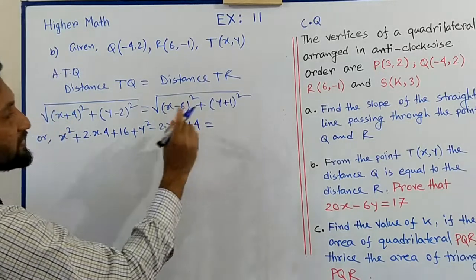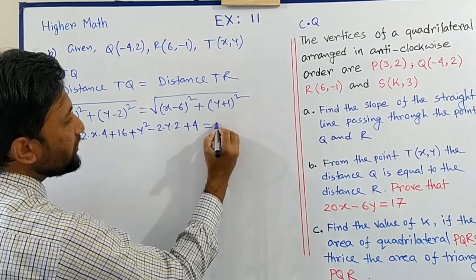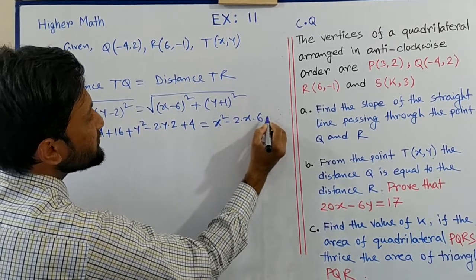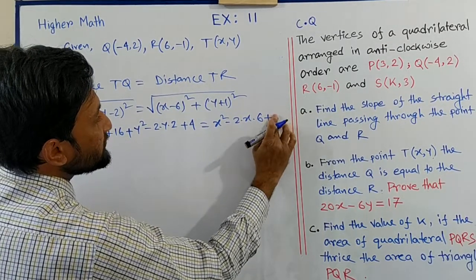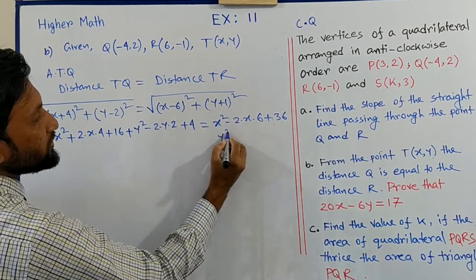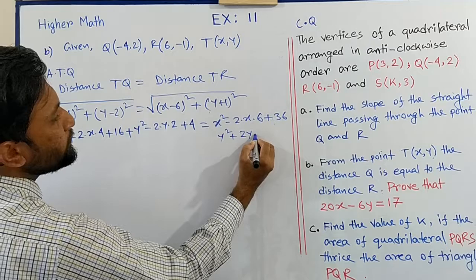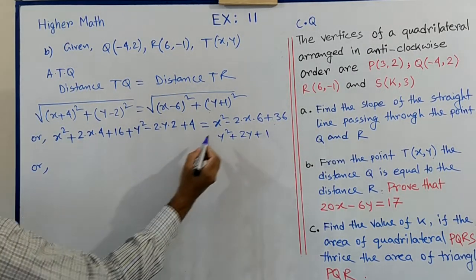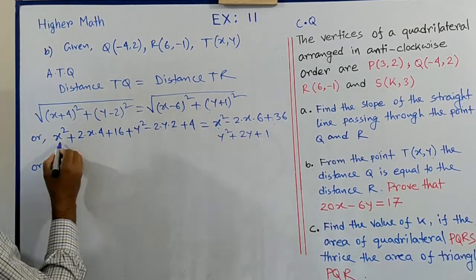Also on the right hand side, (x minus 6) square: x square minus 2 into x into 6, and then plus 36, 6 square is 36. And then (y plus 1) square, so you can say y square plus 2y plus 1. Now by simple calculation, here see that same terms on both sides vanish, x square vanishes.